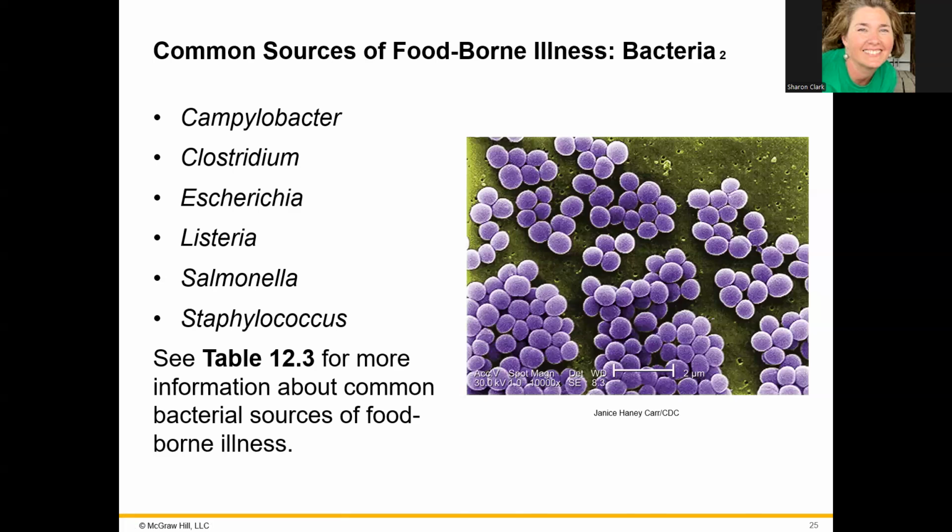Salmonella is one of the more common ones here in North Carolina, and it may be the one that you're most familiar with. It is found in your chicken products, and really any raw or undercooked eggs, chicken, dairy products. And then lastly, Staphylococcus here.